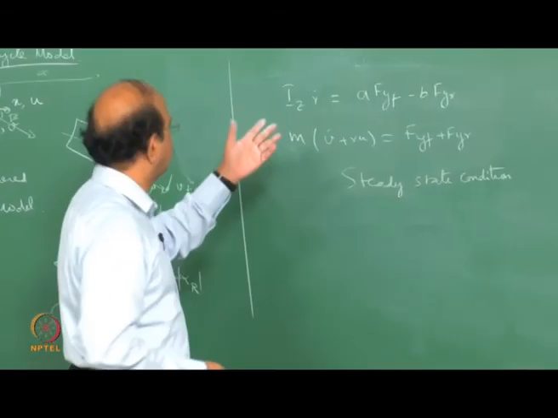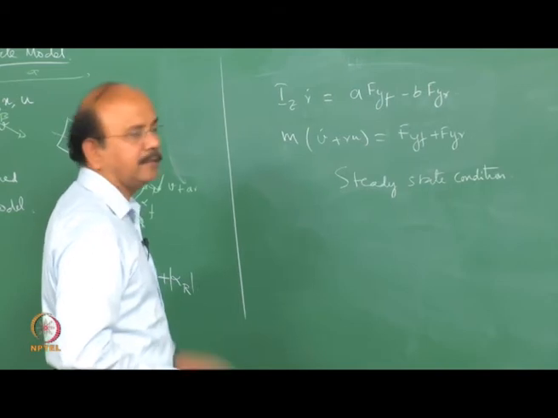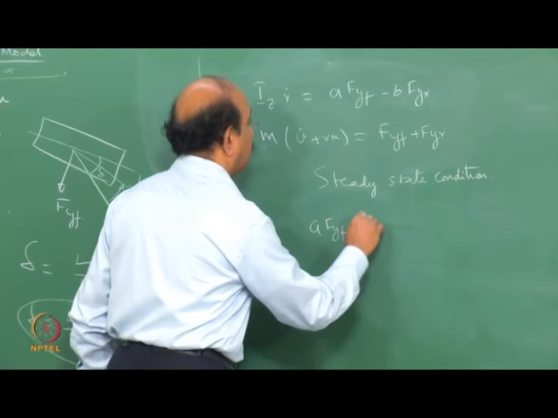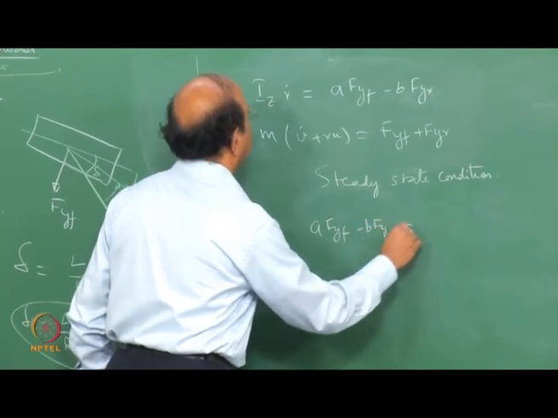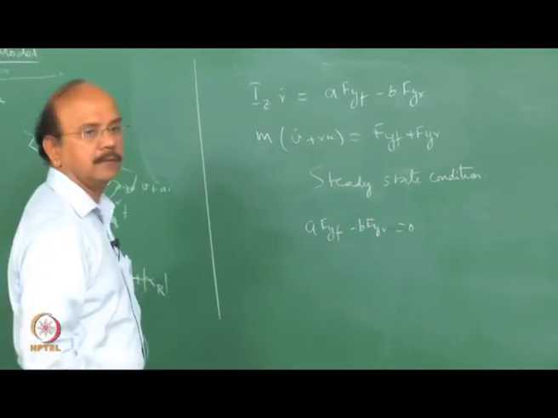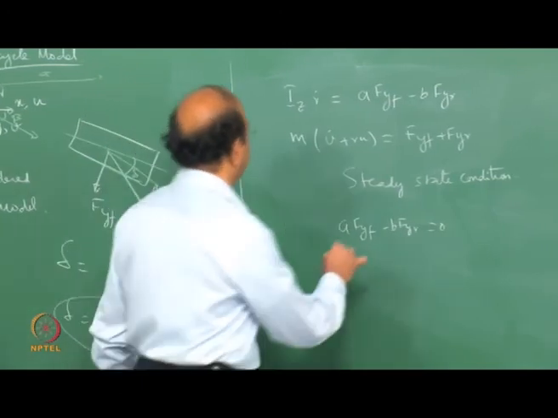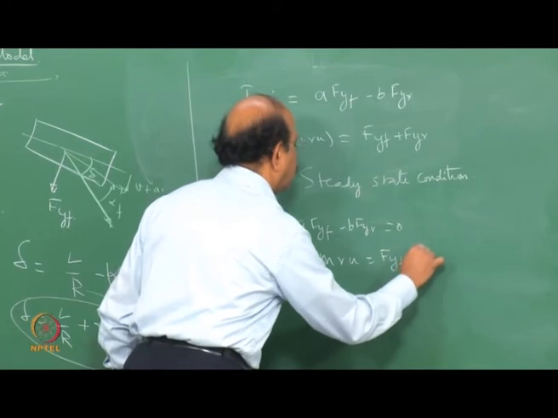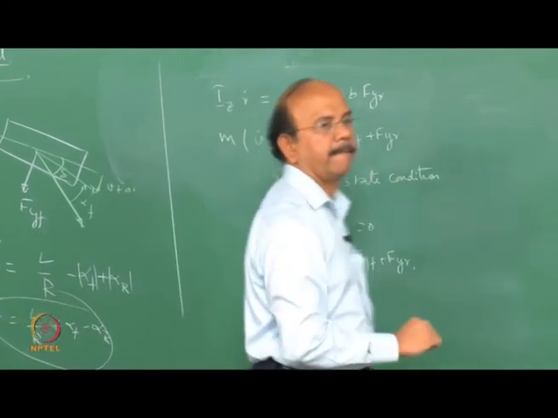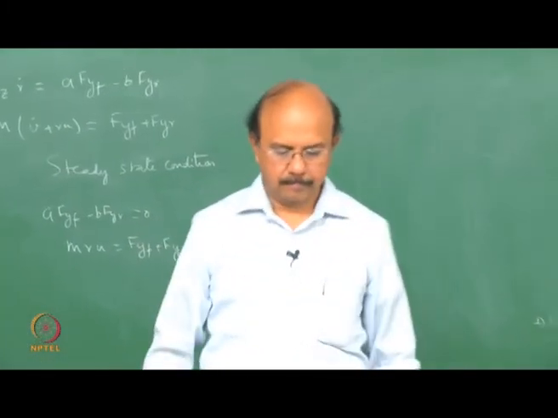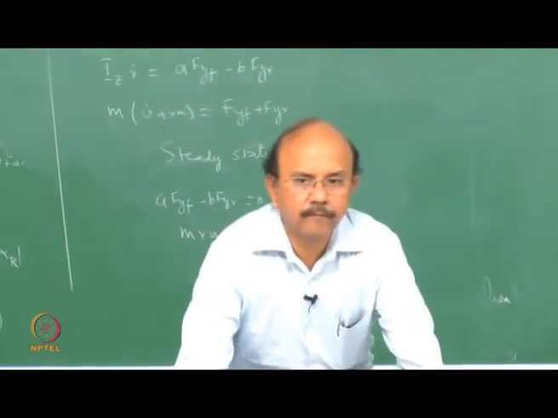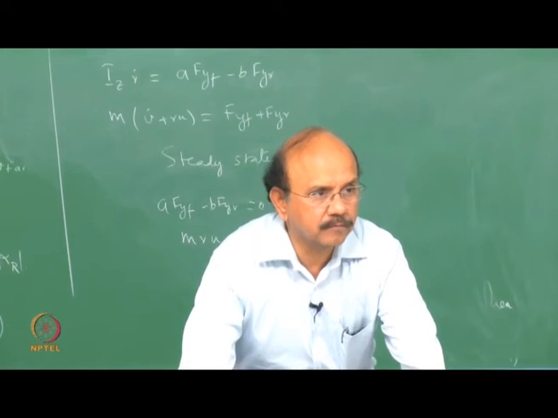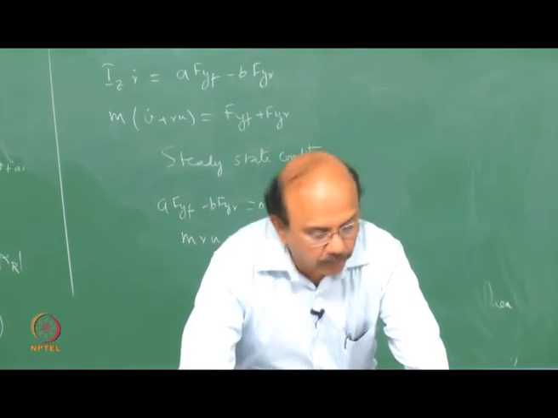So I will write the first equation as a fyf minus b fyr is equal to 0, and m r u is equal to fyf plus fyr. These are the steady state equations.